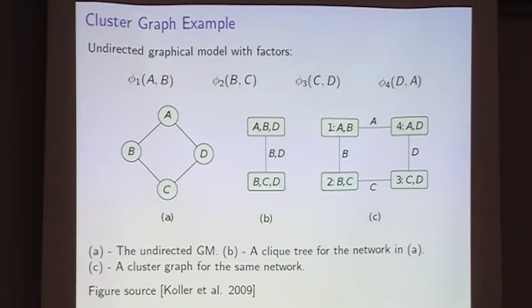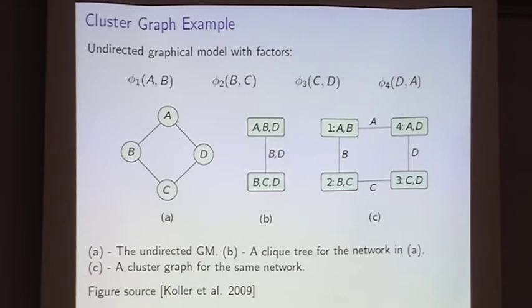If I split the factors, the largest factor which I will be using depends only on 2 variables. That's why working with this cluster graph is going to be less expensive than working with the click tree, because the nodes include only 2 variables. That's the advantage of working with a cluster graph.